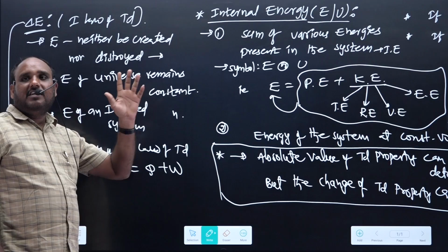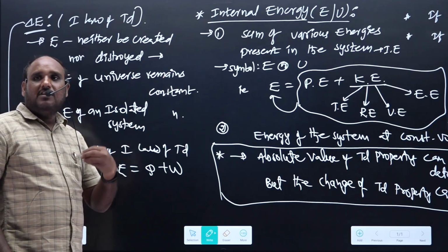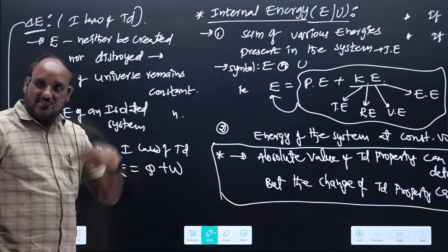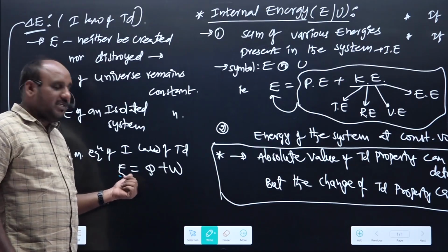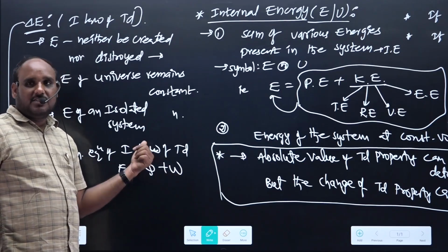From the heat absorbed, some energy is utilized to do work. The remaining energy rests in the system. That energy is known as internal energy.